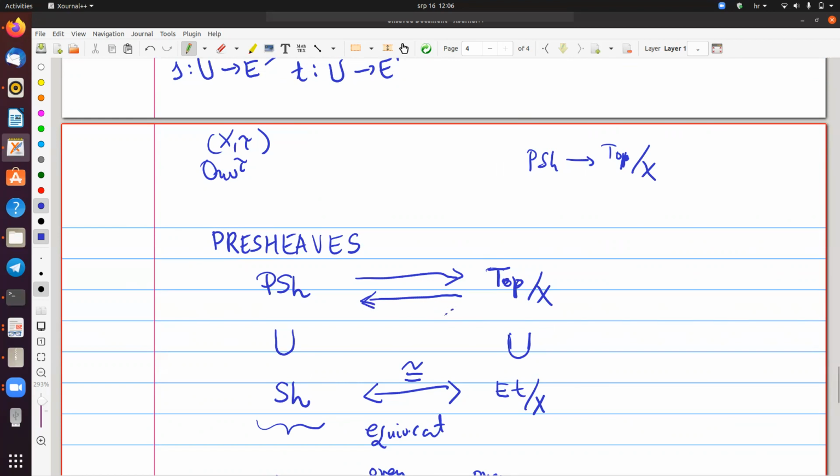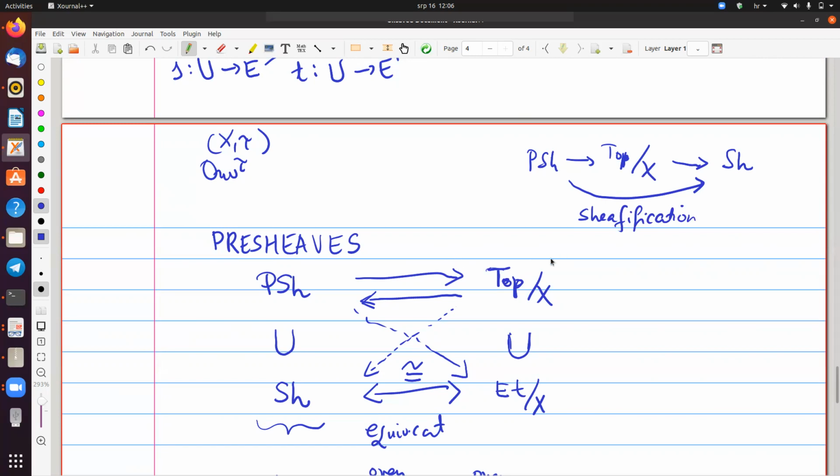So that means that you have a functor here and a functor here. And then I have a composition from pre-sheaves to étale spaces, topological spaces over X, but these are in fact étale spaces. And then I return back to sheaves. And this functor here is called sheafification.